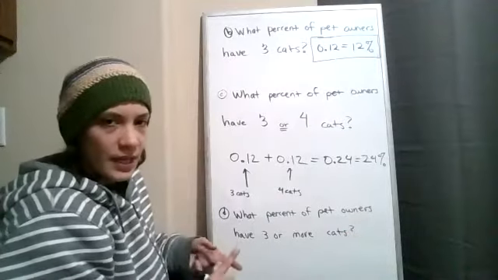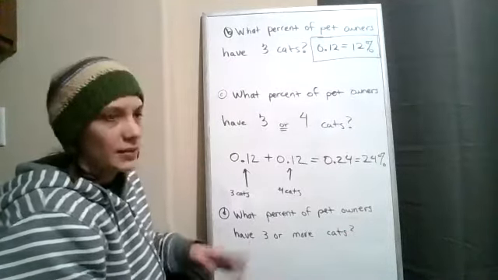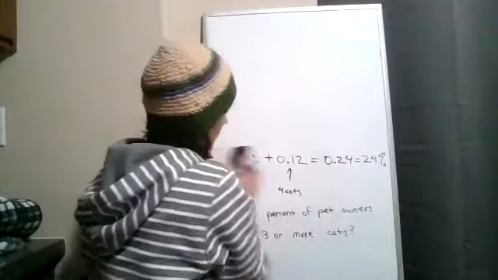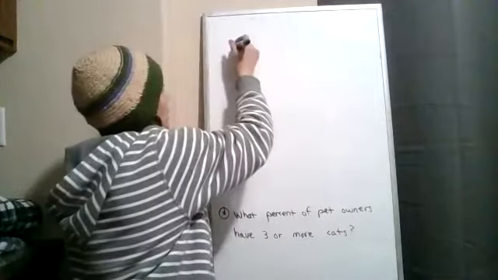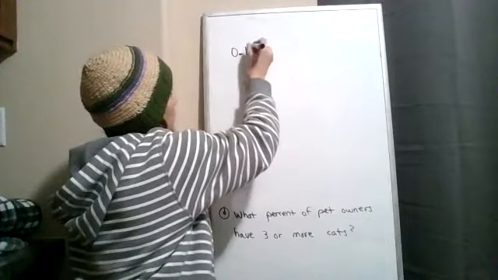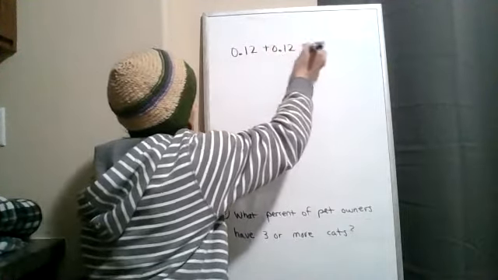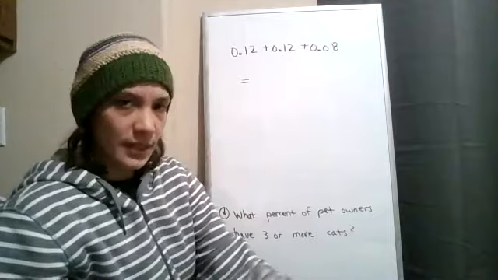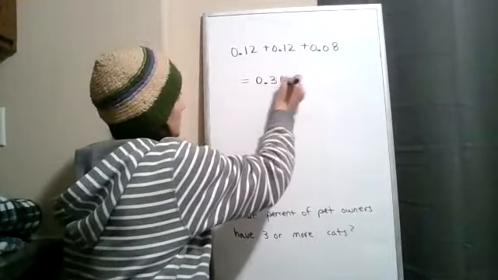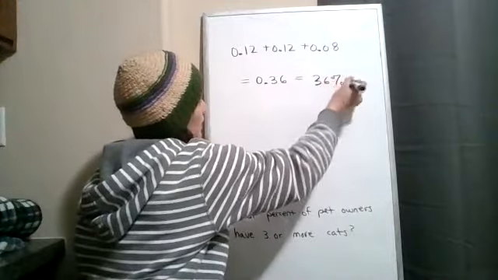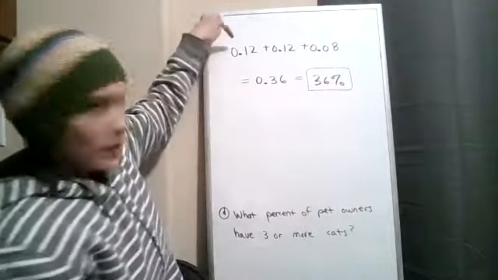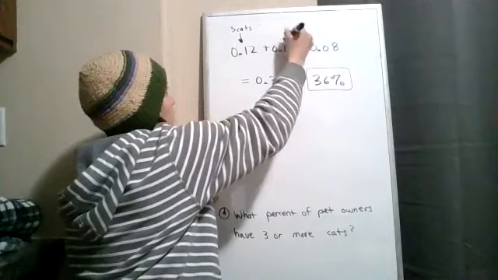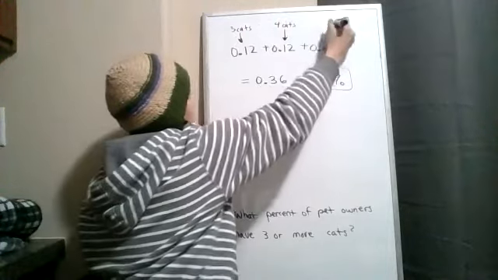So add the percent for 3 and 4 and 5, and simplify your answer. 0.12 plus 0.12 plus 0.08 equals 0.36, which will be 36%.